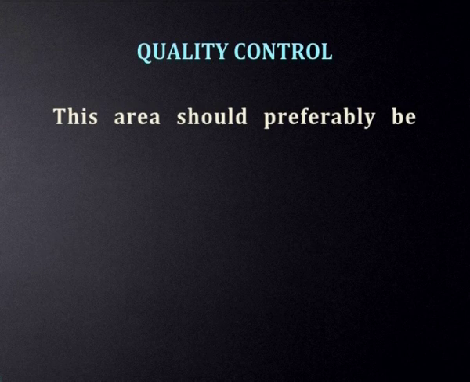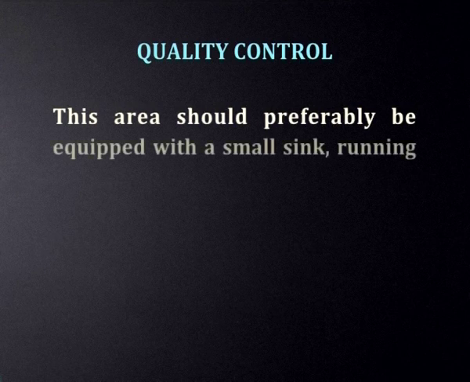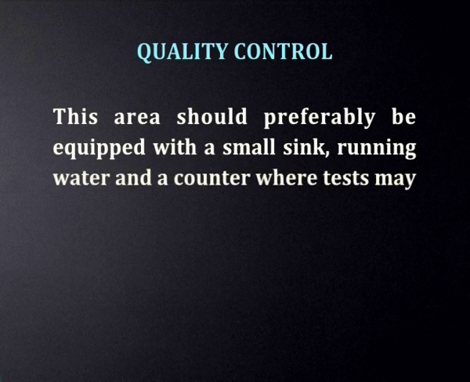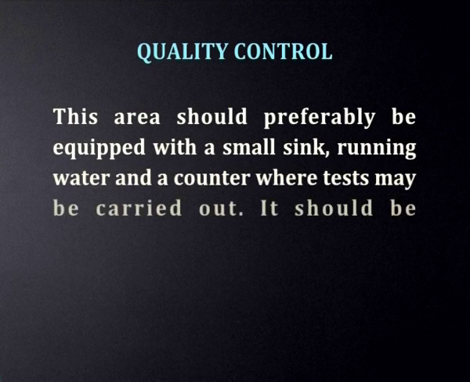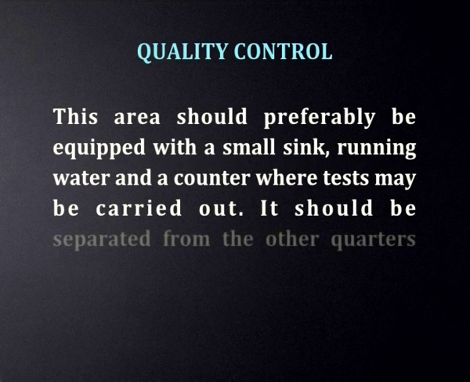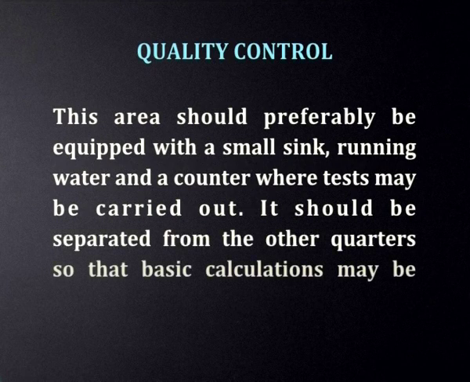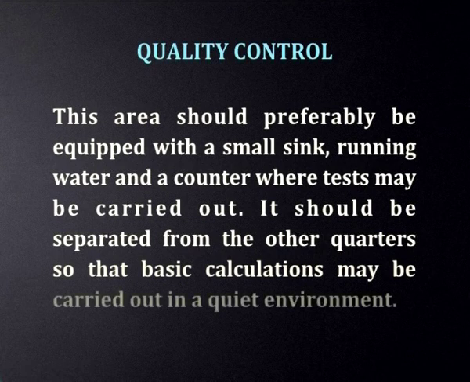This area should preferably be equipped with a small sink, running water, and a counter where tests may be carried out. It should be separated from the other quarters so that basic calculations may be carried out in a quiet environment.